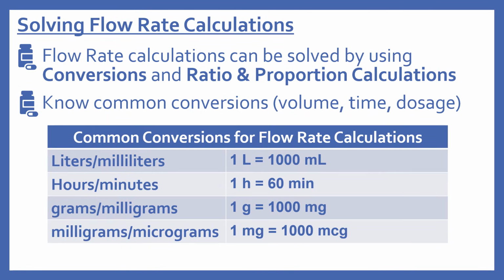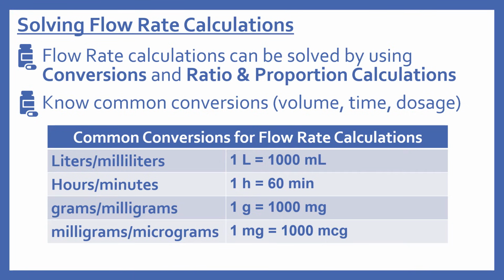Now we'll talk about solving flow rate calculations. Flow rate calculations can be solved by using conversions and ratio and proportion calculations. And it's important that you know the common conversions. Conversions that are often seen in flow rate calculations include volume, time, and dosage ones. Here I have a table that shows some of the common conversions for flow rate calculations.